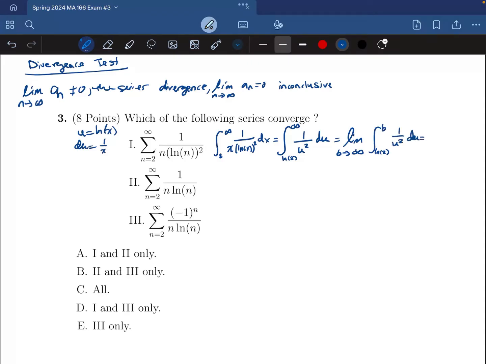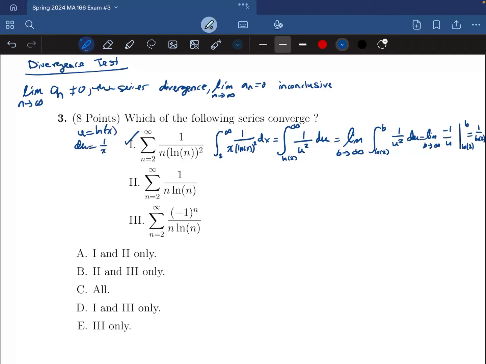The antiderivative of this is equal to negative 1 over u from natural log of 2 to b. If we plug in b and natural log of 2, this limit is essentially equal to 1 over the natural log of 2, which is finite, therefore series 1 converges.